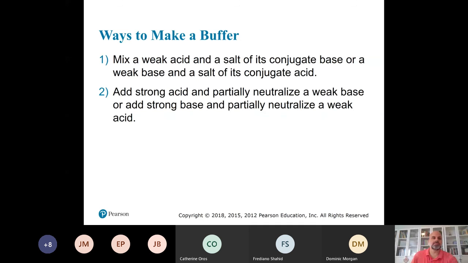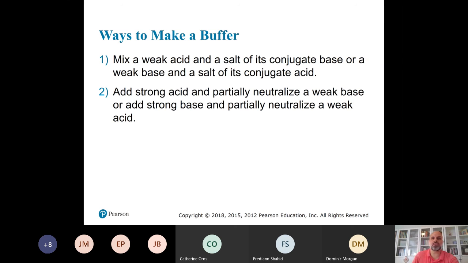All right. How do we make buffers? In order to make a buffer, we're going to simply mix a weak acid and the salt of its conjugate base, or a weak base and the salt of its conjugate acid. The same way that we worked through the previous problem, we're doing the same exact thing here.